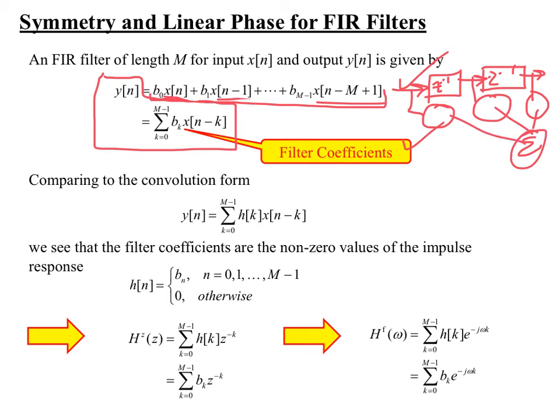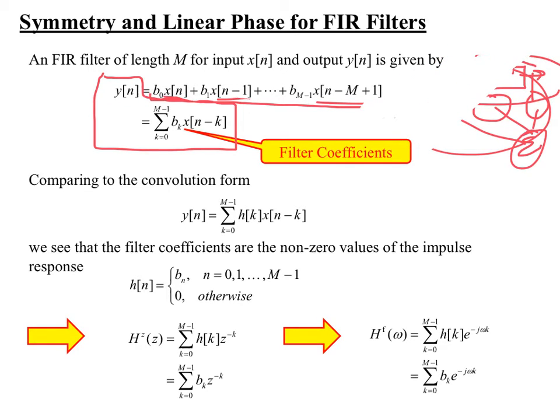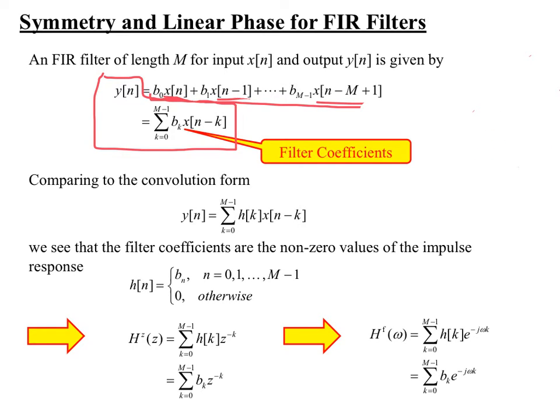And so we think of these things as tapping off this delay line. So that's why they're often called FIR filter taps. Filter coefficients, filter taps, whatever you want to call them, that's what we're talking about here.